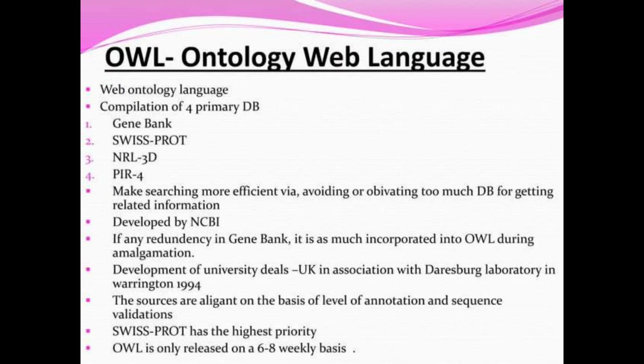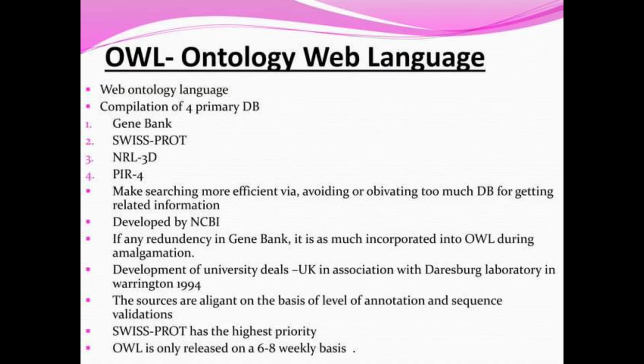OWL, Ontology Web Language, comprises 4 primary databases that contain information from GenBank, SwissProt, NRL-3D and PIR. This makes searching more efficient by avoiding too many databases for getting the information. It is developed by NCBI.